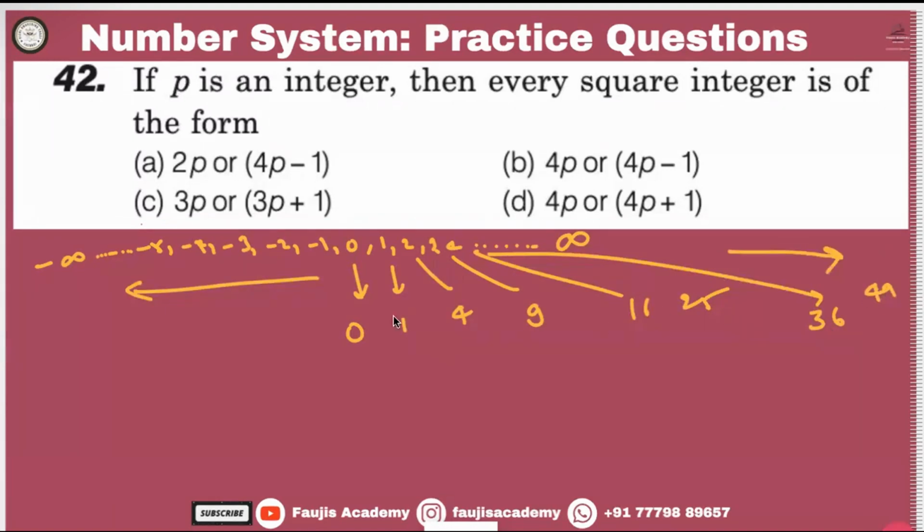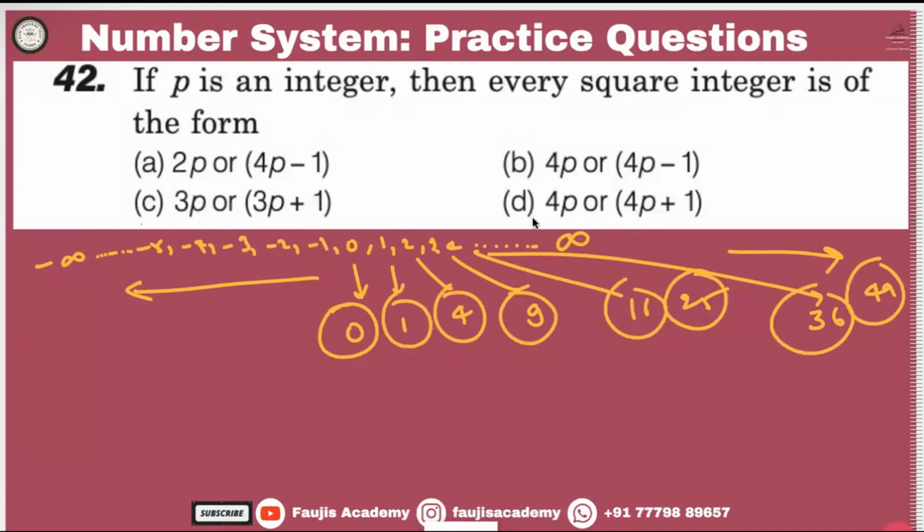Now tell me, which one of these values A, B, C, D would satisfy all of these numbers? Let us start with 4P or 4P plus 1.